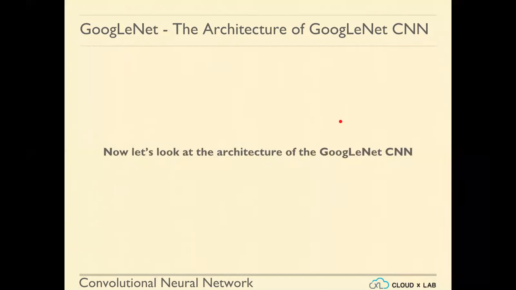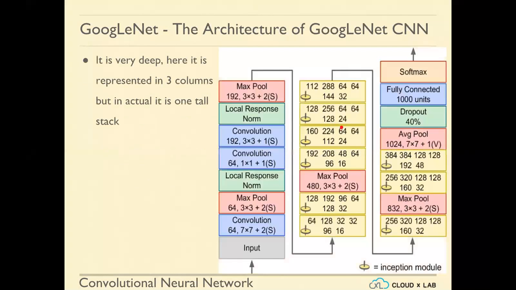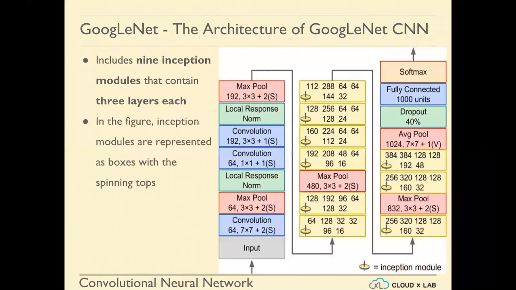Okay, so these are essentially the feature maps being outputted by each of the convolution layers inside the inception module.